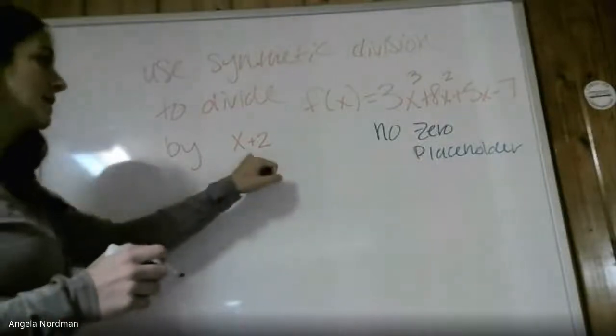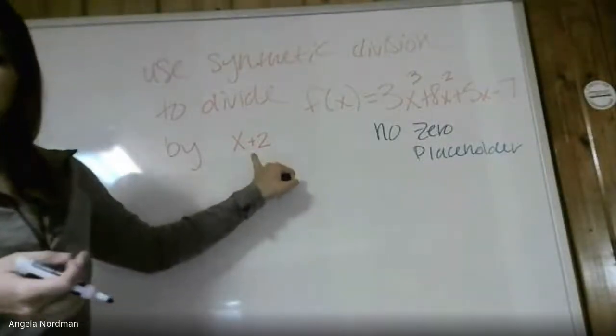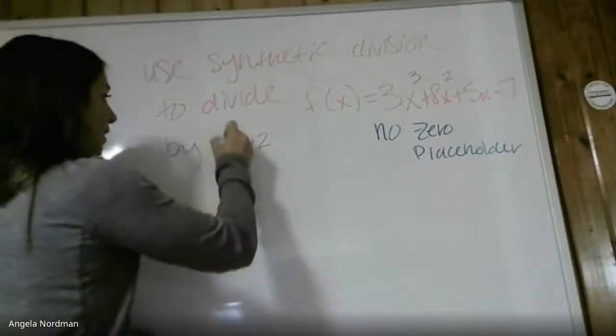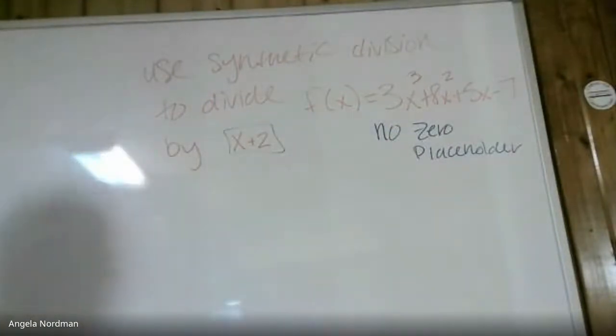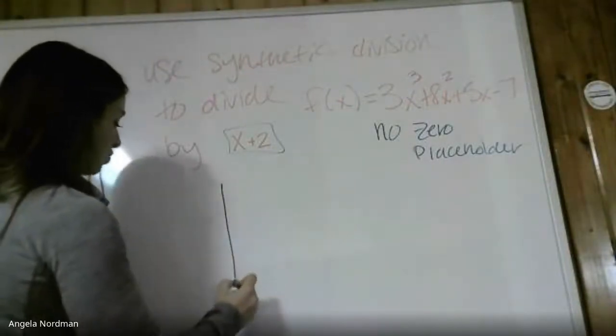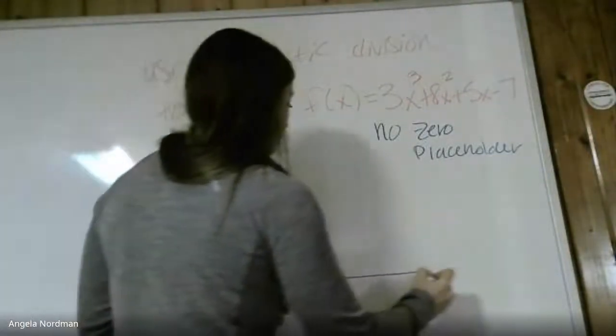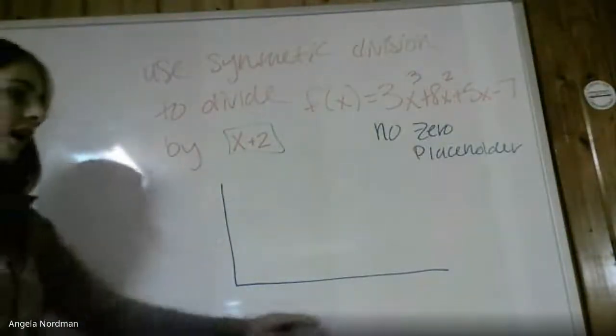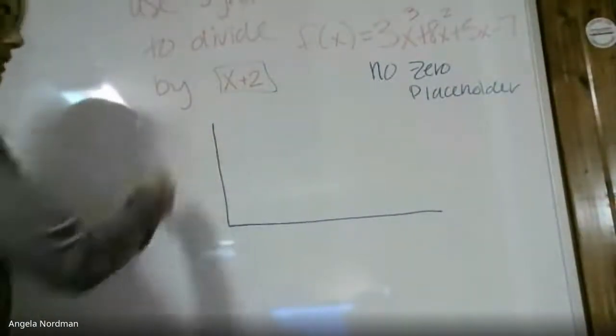Second thing is I need to figure out the number that I'm actually dividing by. We're not going to divide by this whole x plus 2. I need to see what's outside of my division. If you're trying to remember what synthetic division looks like, it's set up with this kind of half of a rectangle shape. So I have to figure out what goes on the outside here.